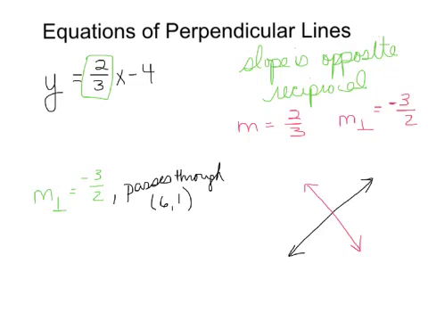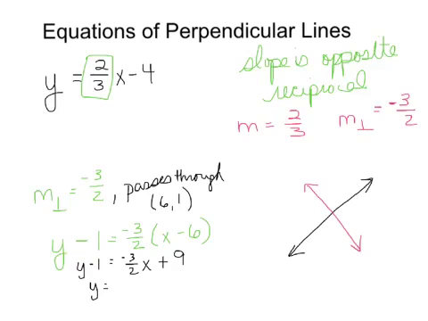I'm still going to set it up the same way, of y minus 1 is equal to, now I need to use the perpendicular slope times x minus 6. So in this case, y minus 1 is going to equal -3/2 x plus, in this case, 9. I add 1, y is equal to -3/2 x plus 10. Okay, and these two will be perpendicular because of the opposite reciprocal slopes.